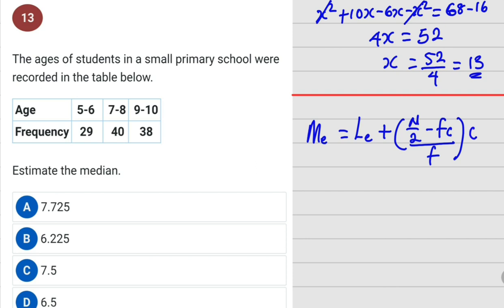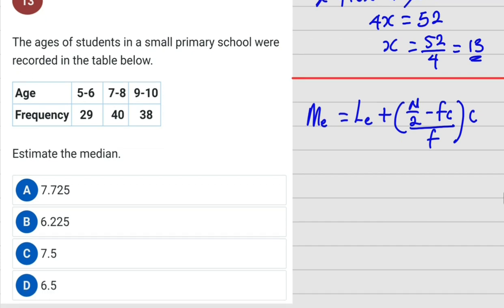LE is the lower class boundary of the median class. N is the total frequency. Then FC is the cumulative frequency before that of the median class. Then C is the class width. And we have F, which is the frequency of the median class.